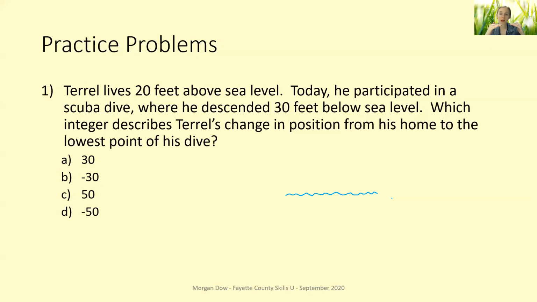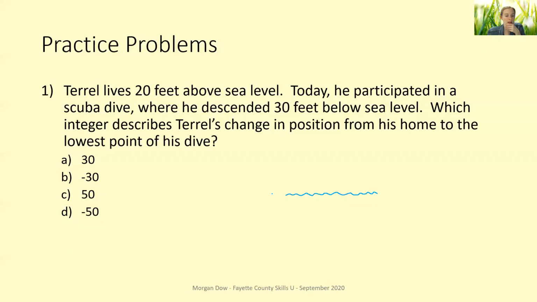But we can also go below sea level, right? You could go under the water, and that's where we get into negative elevation. So we're still talking about a number line, whereas sea level is 0, going up is positive elevation, going below sea level is negative elevation.